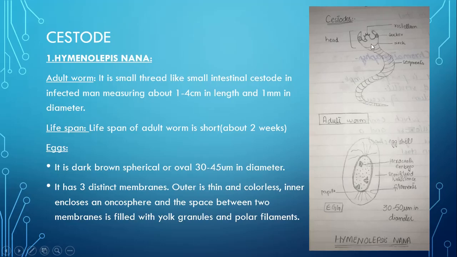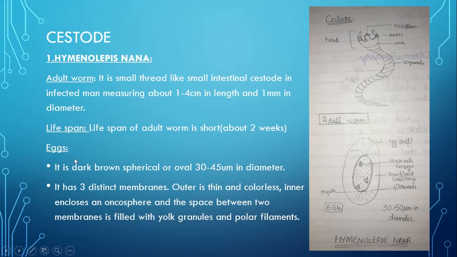The head is further divided into the rostrum, the suckers for sucking purposes, and here is the neck. The lifespan of this worm is short, only about 2 weeks.